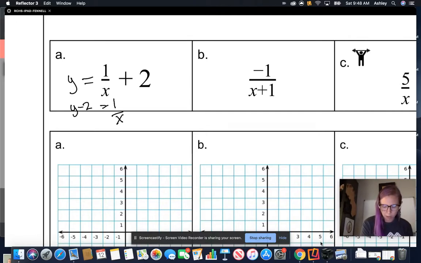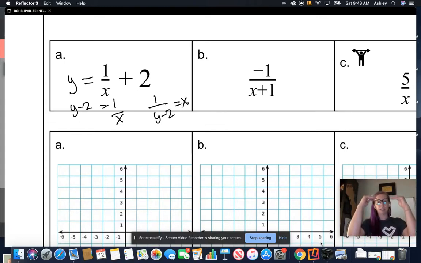When I switch those, I get 1 over y minus 2 equals x. So my horizontal asymptote is going to shift up to positive 2. My vertical asymptote is going to be 0 because that's the value of x that would make it undefined.